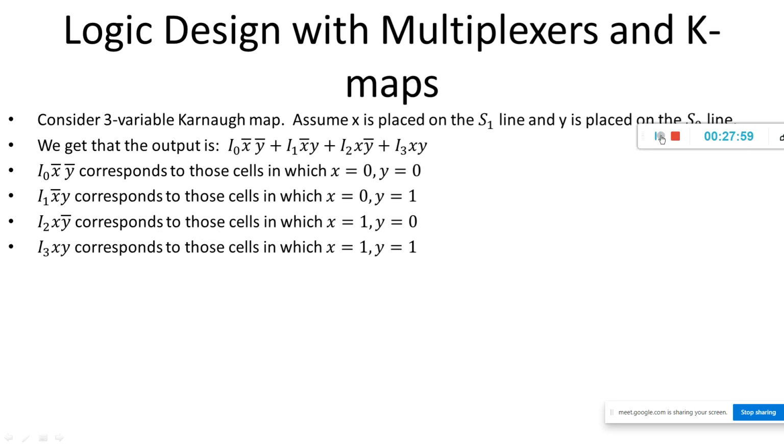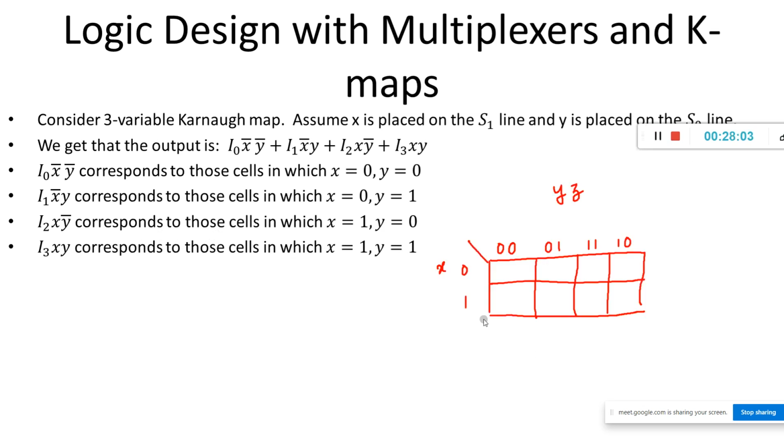So here we have to imagine just a 3 variable K-map. You can see, where X is 0, Y is 0, these two cells are I0. X is 0, Y is 1, these two cells are I1.